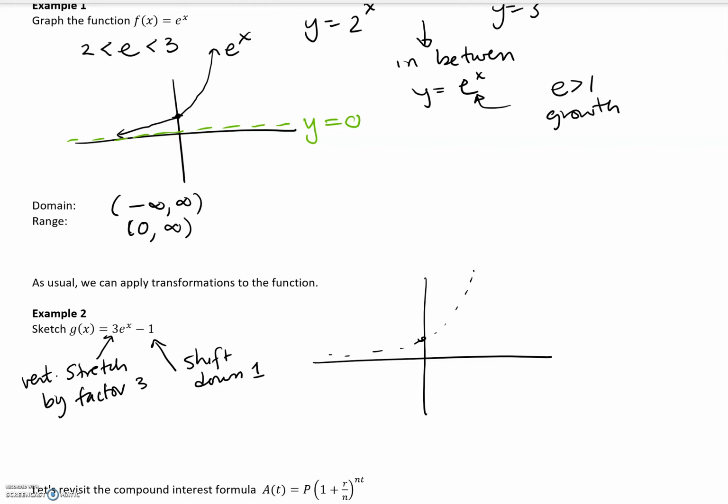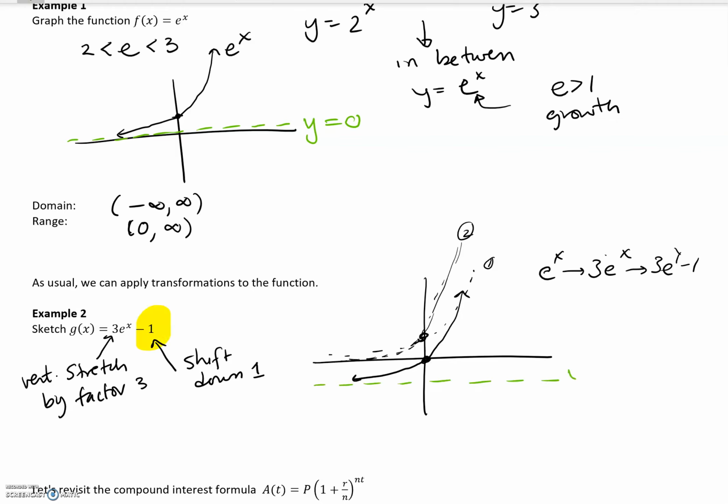Then it got stretched, so it kind of looks taller. And then when it goes down 1, the y-intercept of (0, 1) goes down 1, and along with it will also move down the horizontal asymptote, so now our horizontal asymptote is at y equals -1.